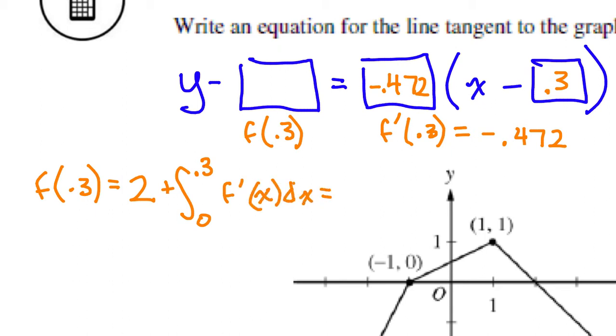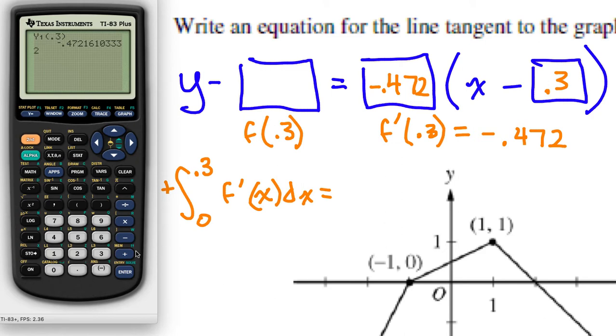And that's going to be what? I'm going to do it all at once. 2 plus math 9 vars right, enter, enter, y1 with respect to x from 0 to 0.3. And we get, is that going to be 1.546, I'm hoping?